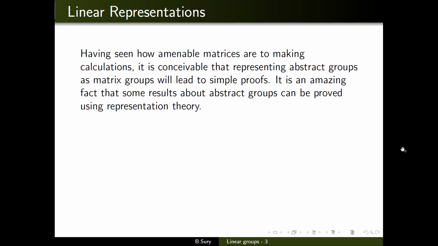Anyway, having seen how matrices are really amenable to calculations, representing groups as matrix groups will be very useful. So instead of just saying it, we have to look at various concrete examples of why and how they are useful.